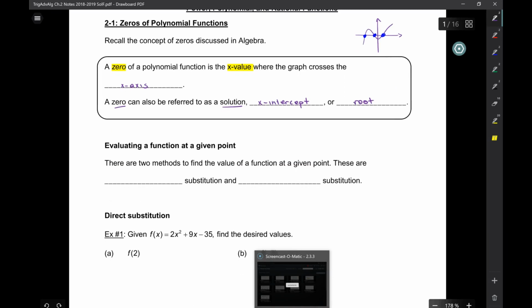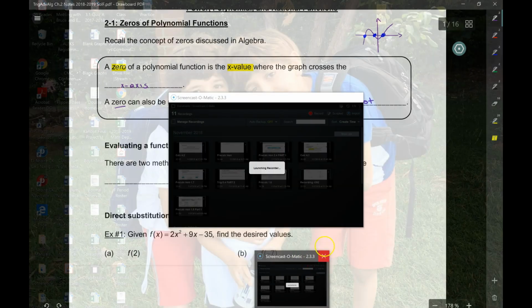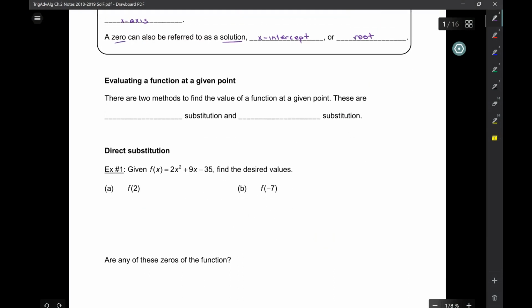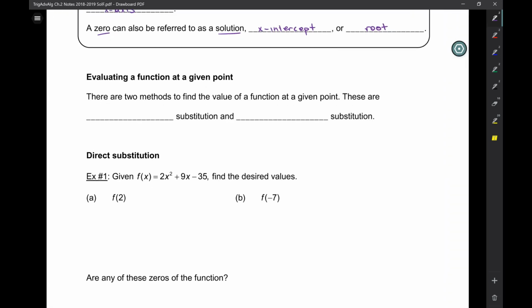All right, let's do a few vocabulary. Evaluating a function at a given point. There are two methods to find the value of a function at a given point: direct substitution and synthetic substitution.